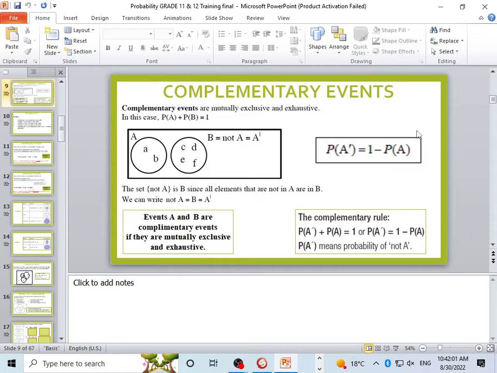It makes sense, but it's difficult because it's written like that and we don't know what it means. So not A is written A with a little mark at the top. The complementary rule, there it is. 1 minus the probability of A gives me the probability of not A.